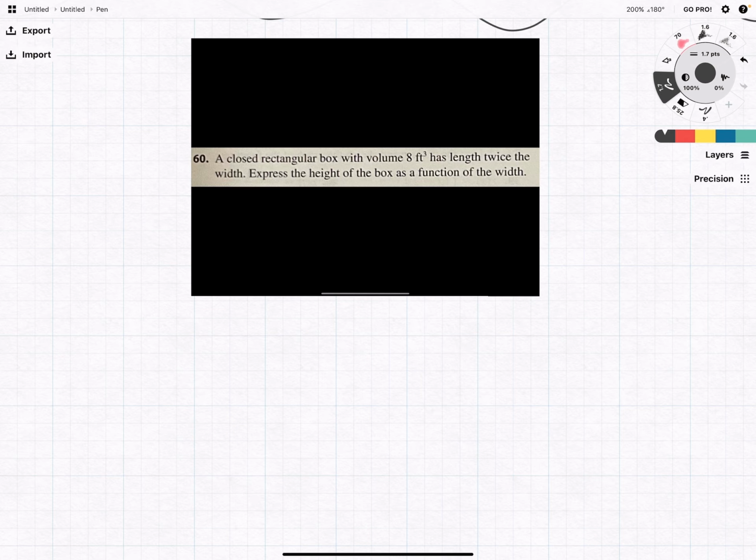We have a box and volume is equal to 8 feet cubed. Okay, what else do they tell us? Well, they tell us that the length is twice the width, okay? So we know that L for length equals 2W, W for width.